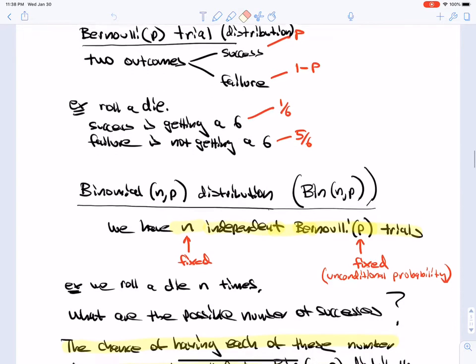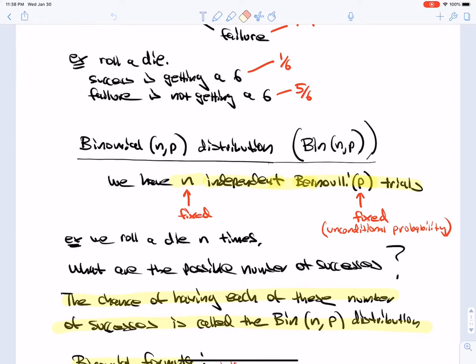So now a binomial n, p distribution is when we have n independent Bernoulli P trials. So there are 2 parameters now. There's n, the number of independent Bernoulli trials that we have, and p, which is the probability of a success for each Bernoulli trial.